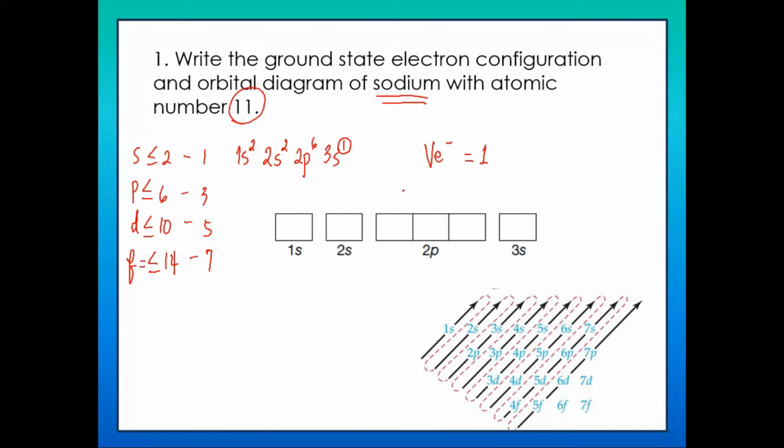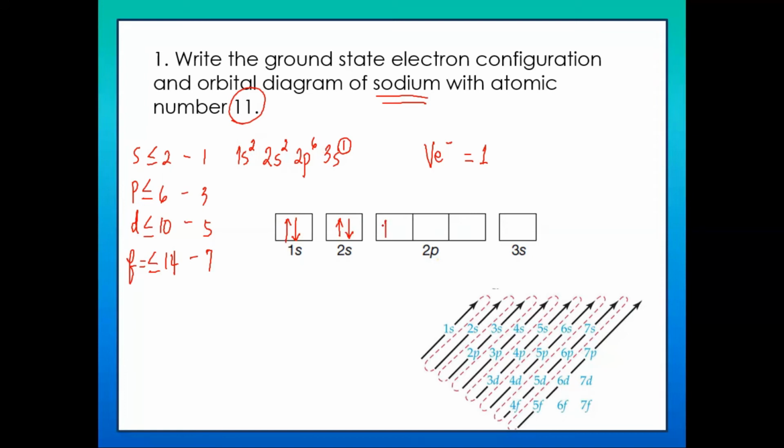But following the Pauli exclusion and Hund's rule, we have to start writing the upward arrow first. Since this is 1s, there are 2 electrons. Refer to this electron configuration for your orbital diagram. So there are 2 electrons. So up first, then down. Hope you follow that. So moving to 2s. So up first, then down. For 2p, there are 6.